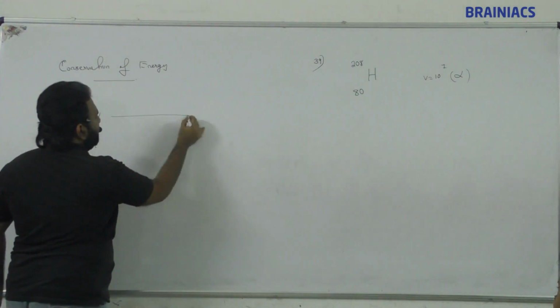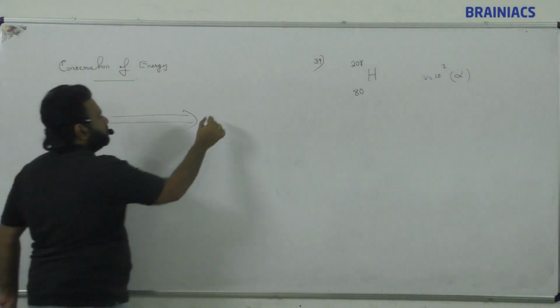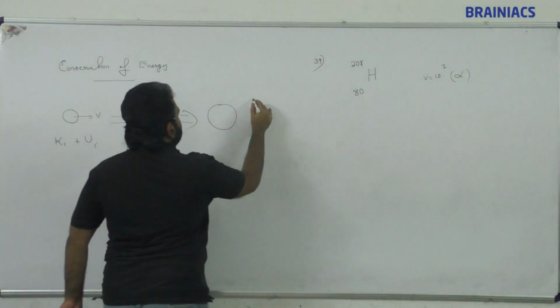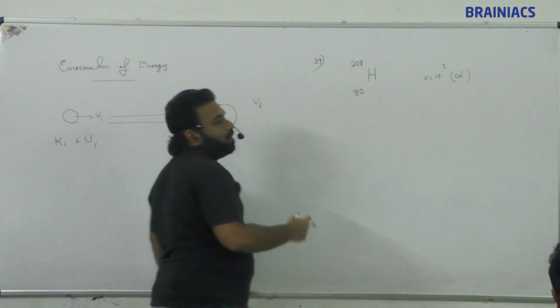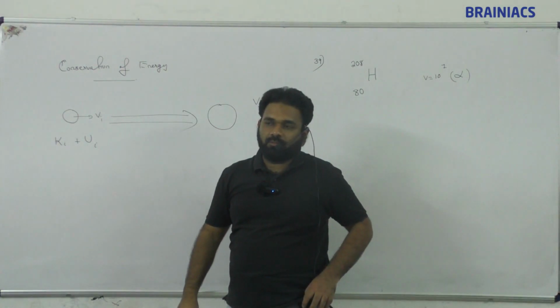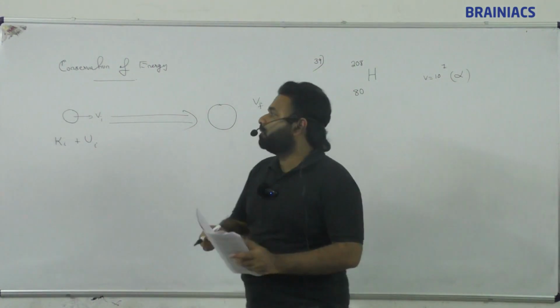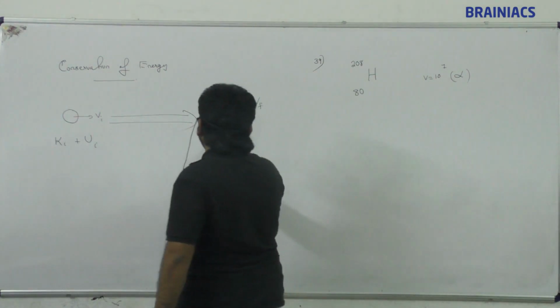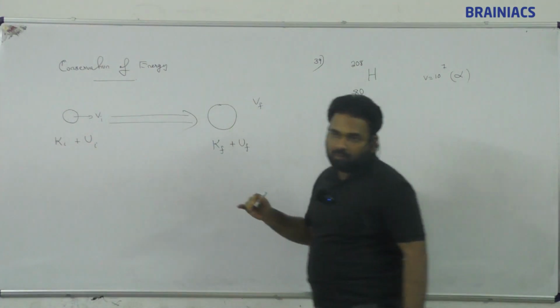Now if its velocity and its configuration or position change, it will have another velocity, Vi becoming Vf.